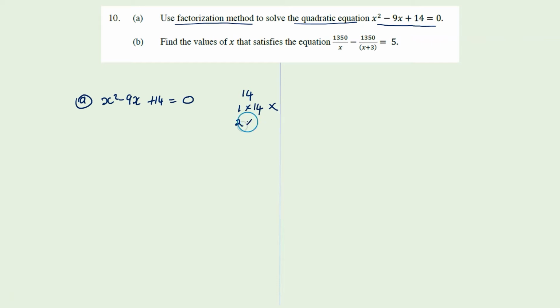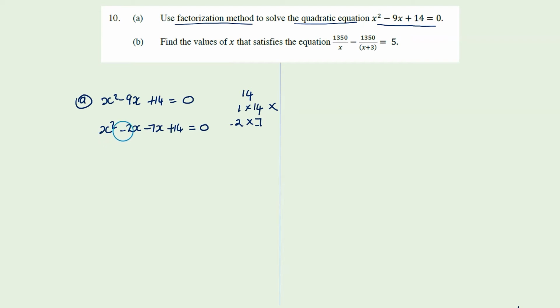The other one is 2 times 7. So I can see these two numbers can give me 9. I need to make this one negative 2 and this one negative 7 in order to get negative 9. So I'm going to rewrite that as x squared minus 2x minus 7x plus 14 equals 0.